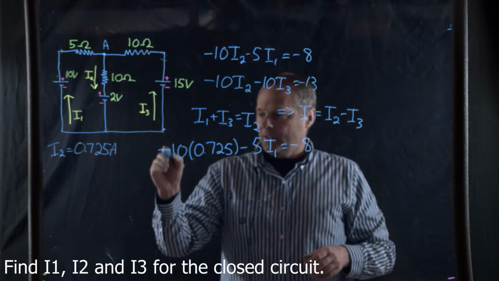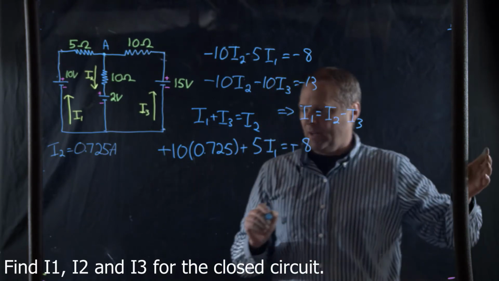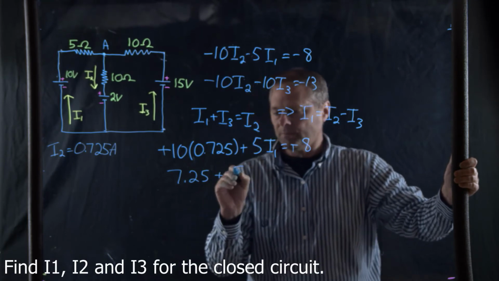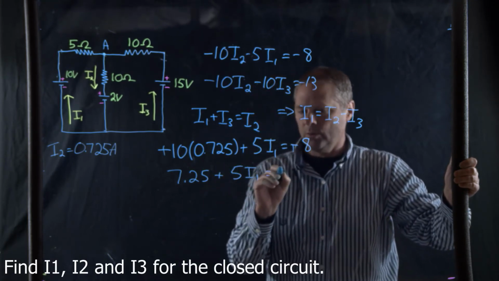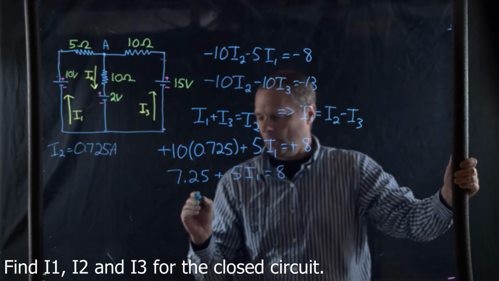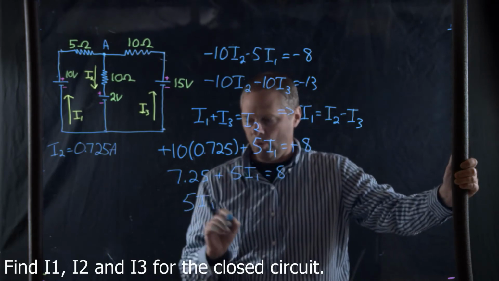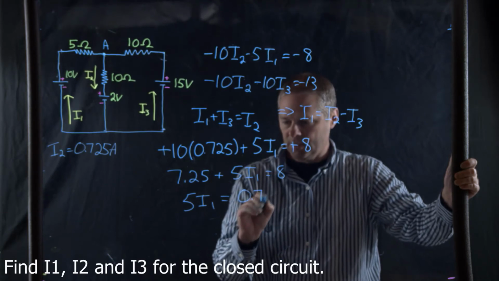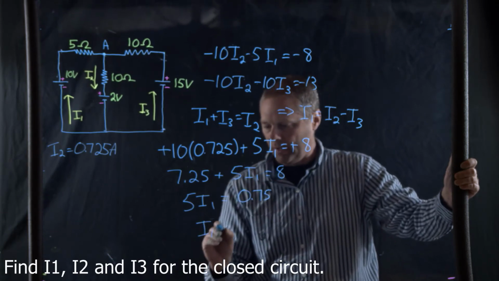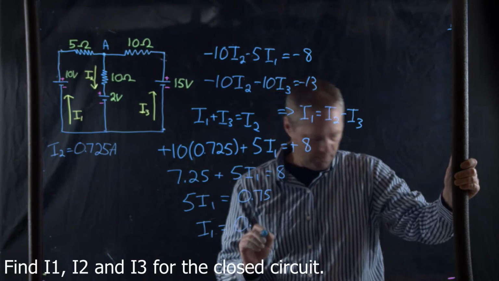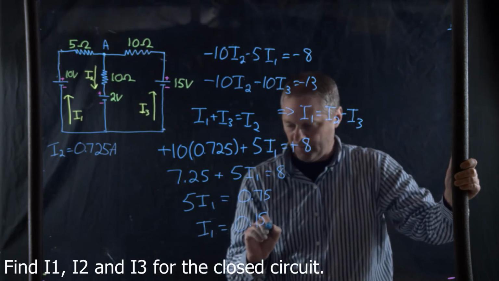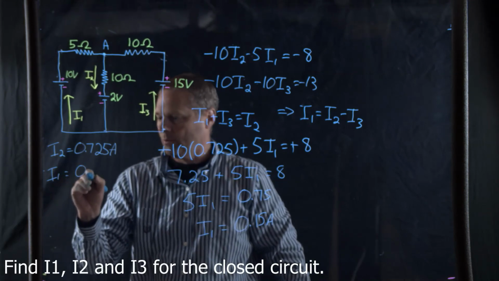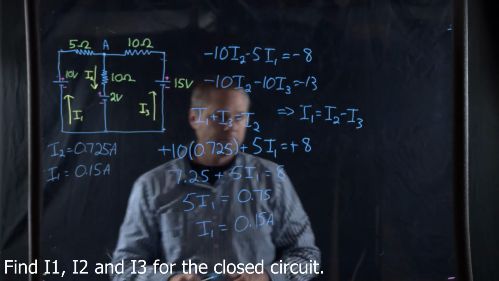We can make everything positive, so this becomes 7.25 plus 5I1 is equal to 8, or 5I1 is equal to 0.75, or I1 is equal to 0.15 amperes. So we know that I1 is equal to 0.15 amperes.